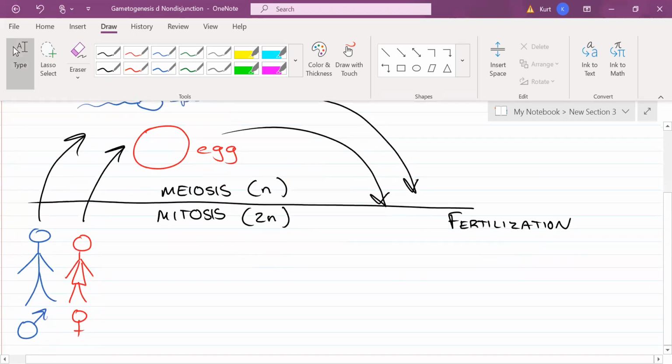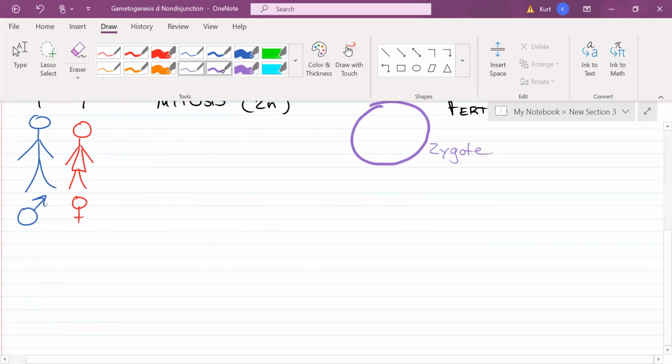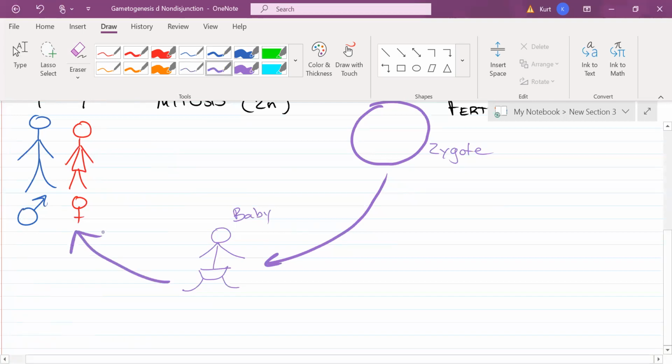And what does the egg cell become when a sperm cell has fertilized it? It's a zygote. And that zygote, over the course of a human pregnancy, will eventually develop into a baby. And that baby will eventually grow up into an adult man or an adult woman.